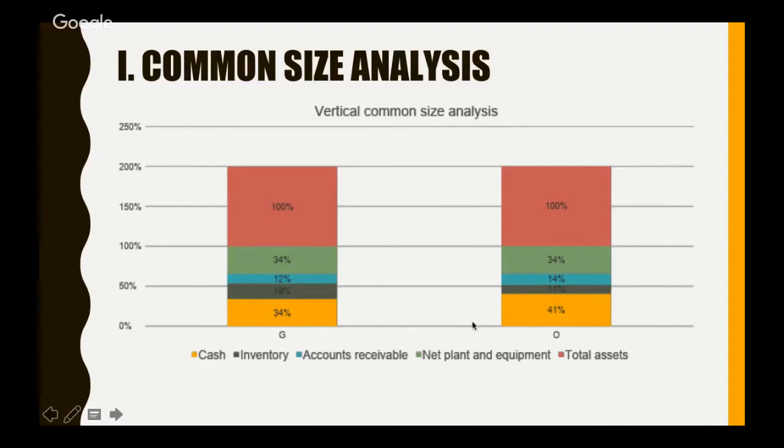From this chart, comparing with G, company O has the biggest proportions in cash and accounts receivable, but lower in inventory. It shows company O invests more in cash and accounts receivable.